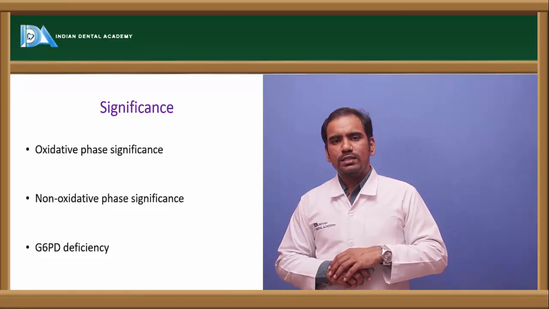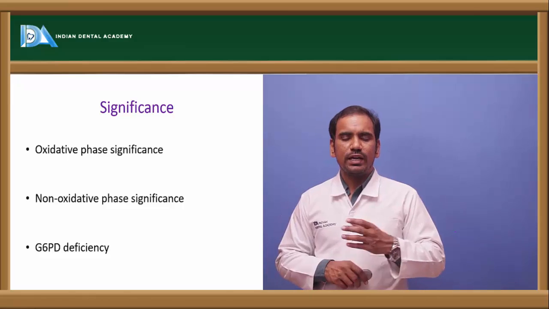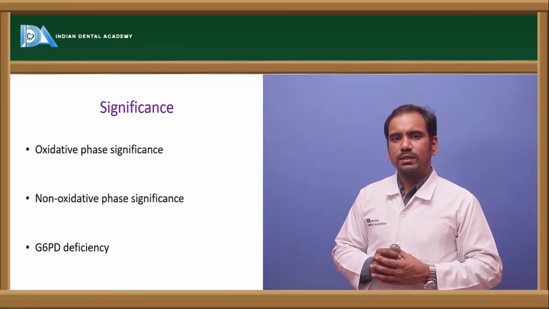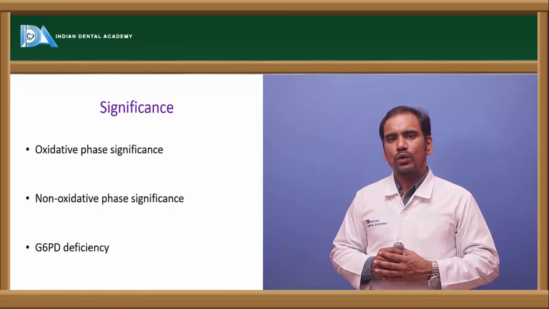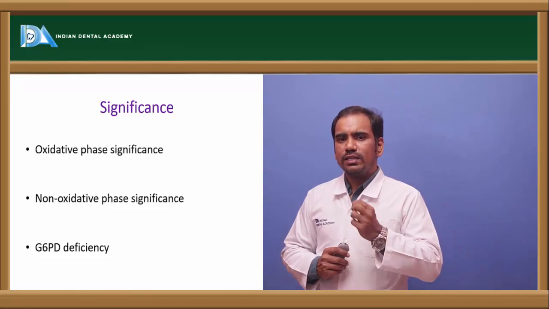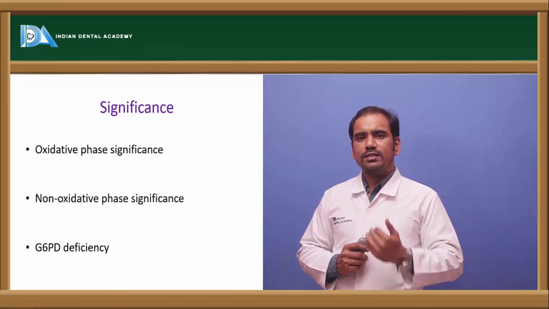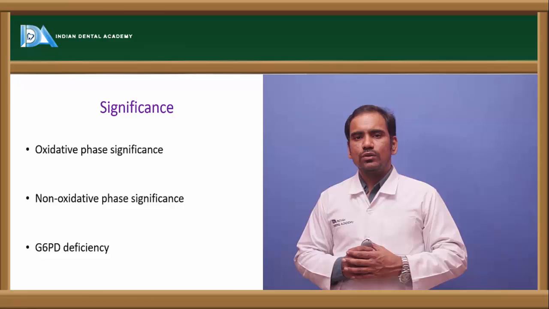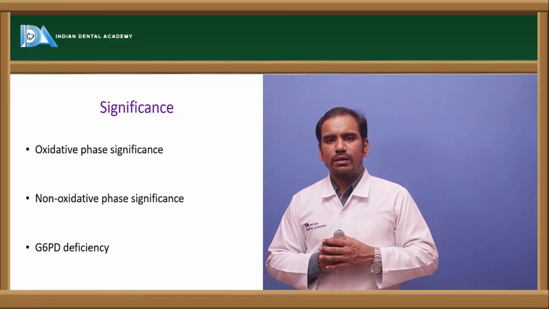Coming to G6PD deficiency: what happens in glucose 6-phosphate dehydrogenase deficiency, the first enzyme of the HMP pathway, which converts glucose 6-phosphate into 6-phosphogluconolactone? Whenever there is a deficiency of this enzyme, it leads to decreased availability of NADPH.